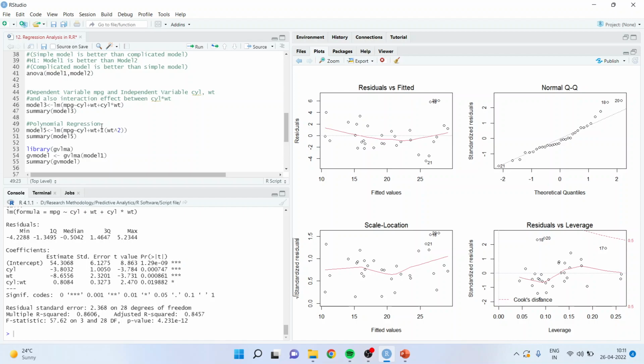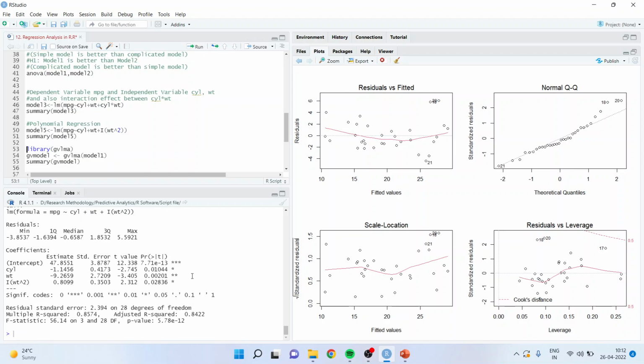You can also have the polynomial regression. Why are we considering that weight must be affecting linearly only to the mileage? It may be possible that the square of the weight may be affecting. And when we want to include such a term in our model, I'll say mpg tilde cylinder plus weight plus I, and you have to include in brackets weight raised to 2.